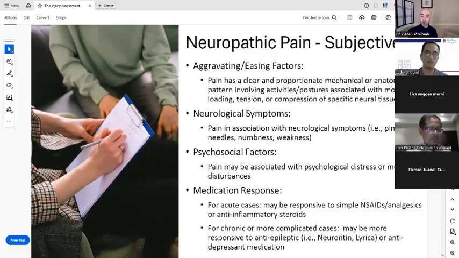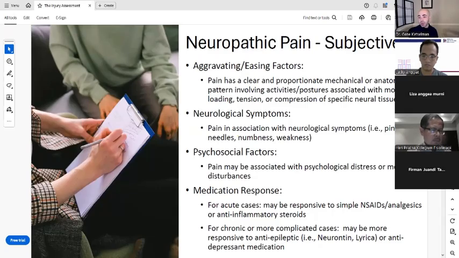Right? For chronic or more complicated cases, though, when it comes to neuropathic pain, they're actually going to do much better with things like anti-epileptic medications, so Neurontin, Lyrica, or antidepressant medications.